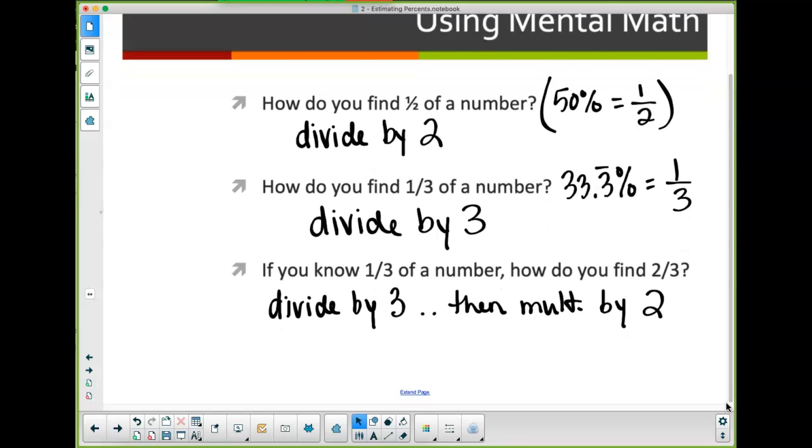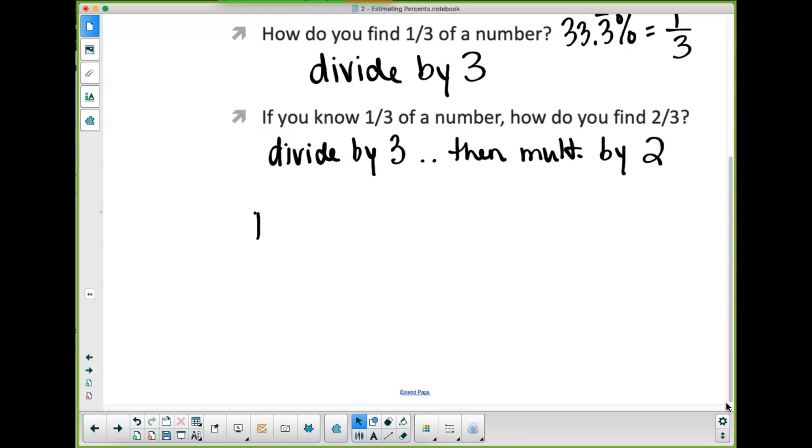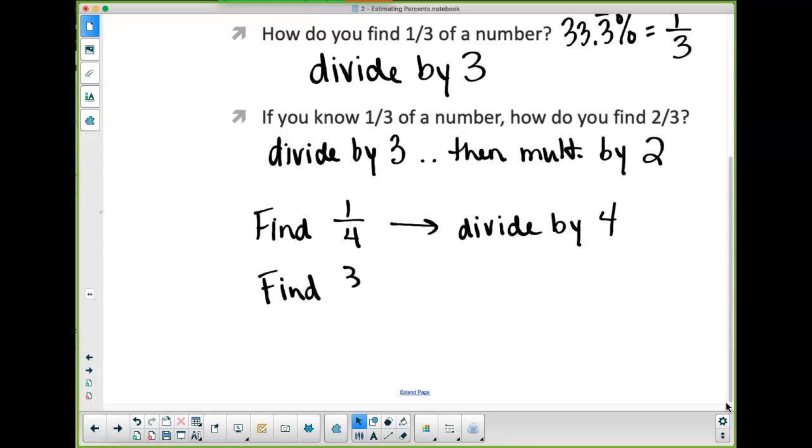What if I wanted, how do I find 1/4? How do you find 1/4 of a number? What's the rule? What would you do? Divide by 4. Okay? If you know 1/4, how would you find 3/4? Okay, if we knew 1/3, we divided by 3 and then multiplied by 2. I know 1/4, divide by 4.